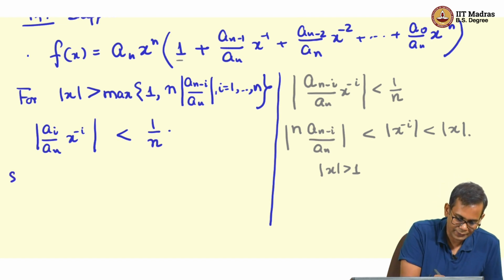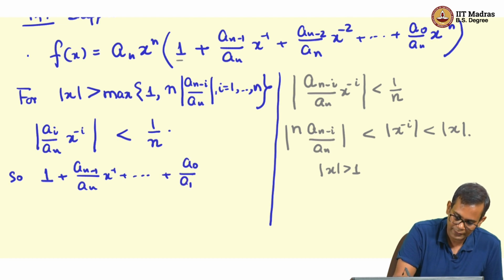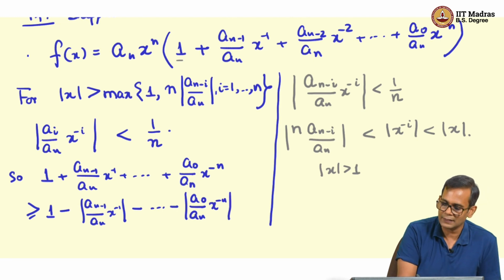And so, what I get is that 1 plus a_{n-1} by a_n x inverse plus ... plus a_0 by a_n x to the minus n, well, this is greater than or equal to 1 minus the absolute value of a_{n-1} by a_n x inverse minus ... minus the absolute value of a_0 by a_n x to the minus n, but each of these absolute values is less than 1 over n.